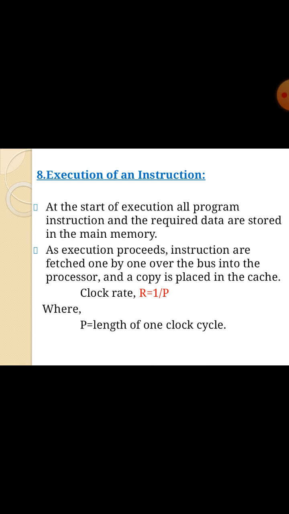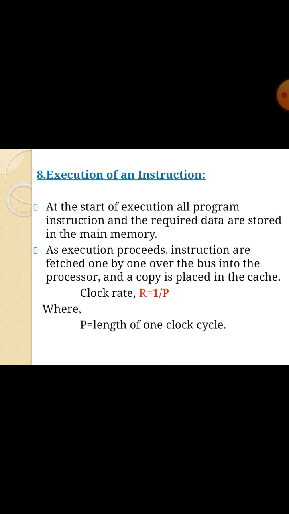Next one, execution of an instruction. At the start of execution, all program instructions and the required data are stored in the main memory. As execution proceeds, instructions are fetched one by one over the bus into the processor, and a copy is placed in the cache memory.